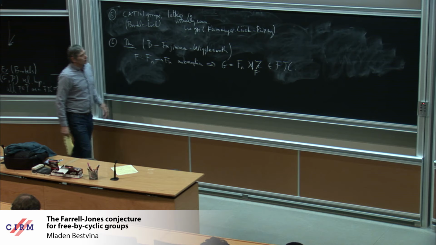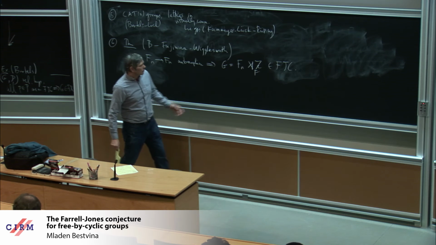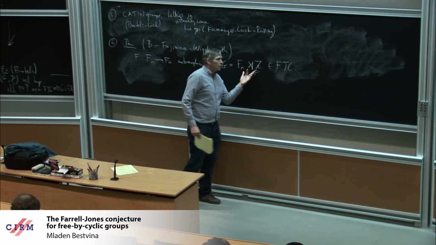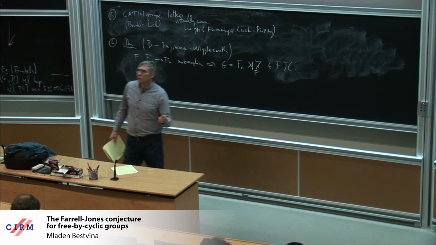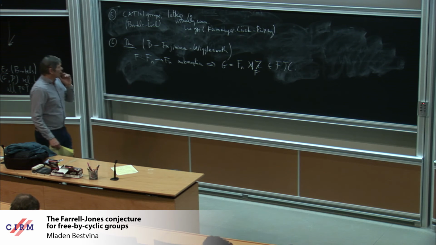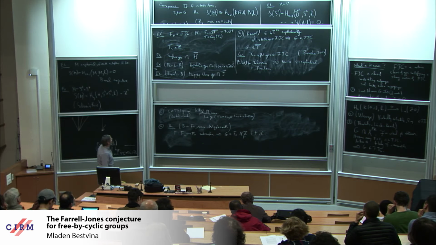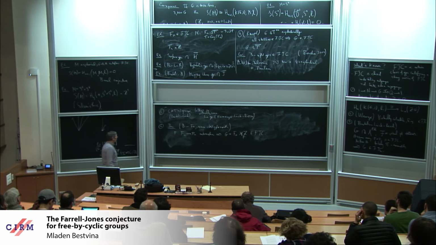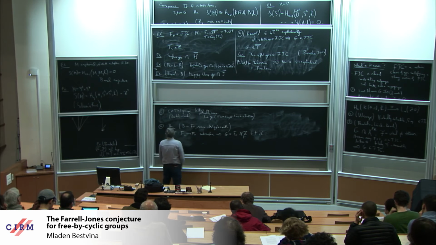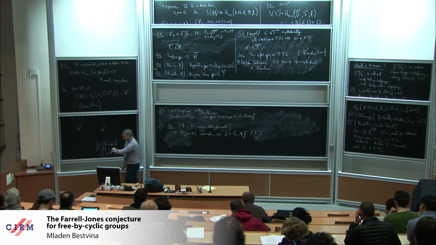So these are groups that Emily talked about, except for her this was always hyperbolic. When this group is hyperbolic, we already know this is true by the stuff above. And so the issue here is, what about the general case? Now I have to make a decision.